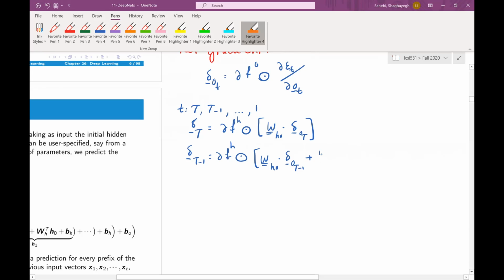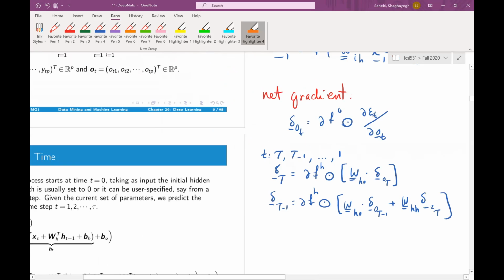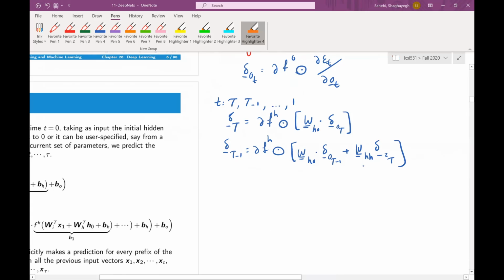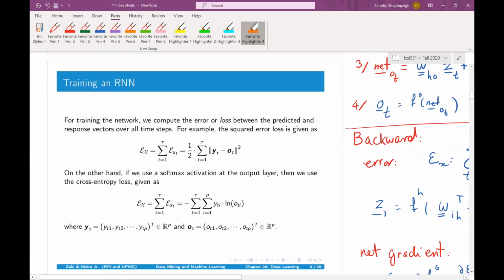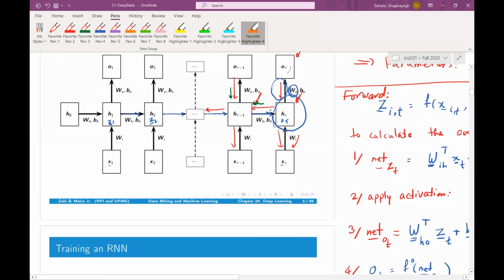So it's going to be W_HH times the net gradient of Z tau. This is basically the same as propagating the gradient from H tau or Z tau to H tau minus 1.